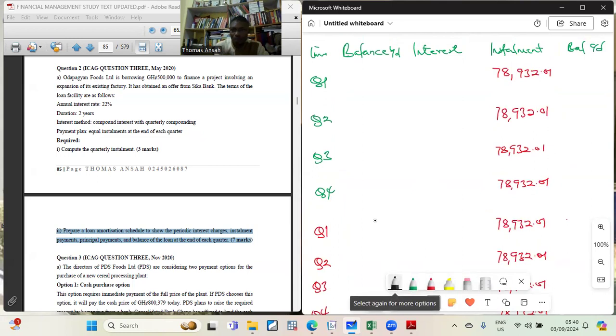All right. So the interest rate we have here is 22%, but we are doing it quarterly. So 22 divided by 4. So we have 0.22 divided by 4. That is 0.055. All right.